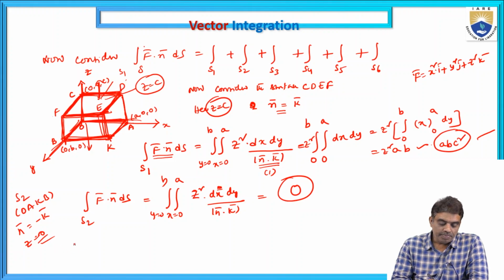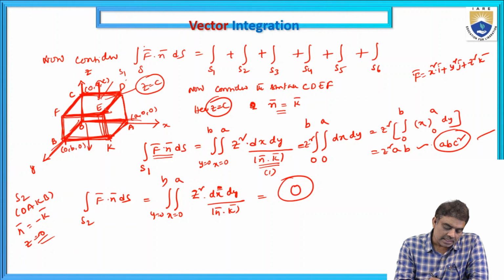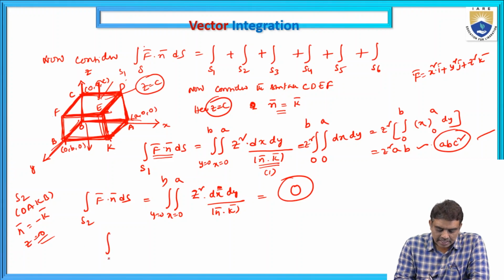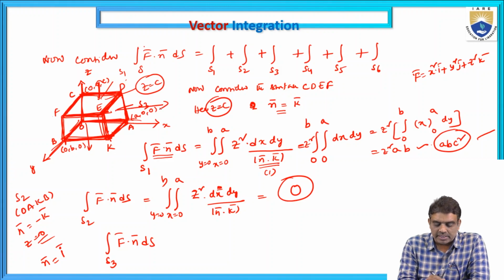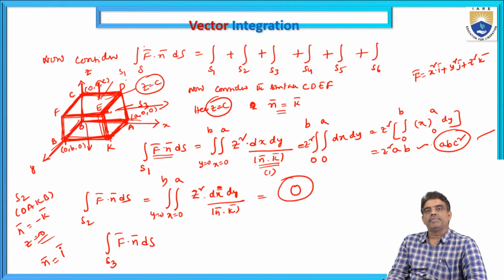Now similarly, we consider the surface EDAK. Now consider the surface integral over S3 of f bar dot n bar ds. This is S3, I am assuming. For S3, the outward normal vector n bar is equal to i bar, in the positive direction of x.